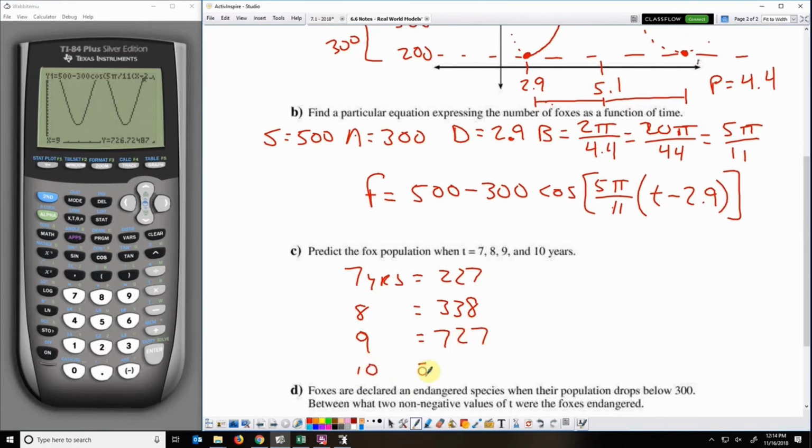And 10 years, about 727 foxes. So at that point, it has gone up to the maximum and back in that year between 9 and 10.